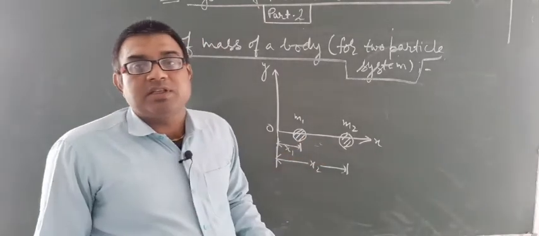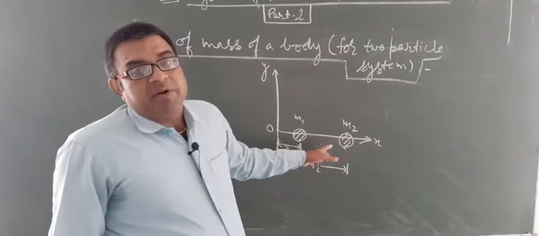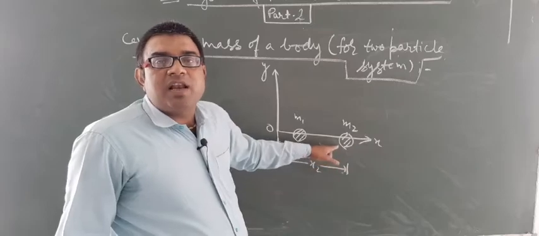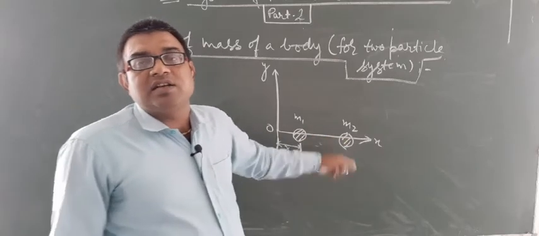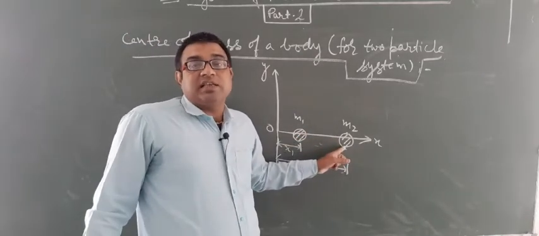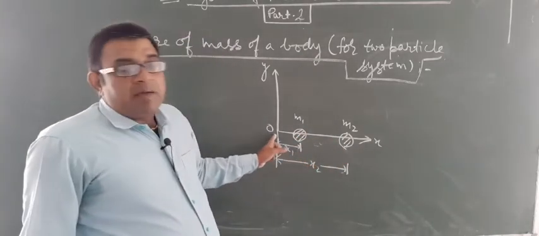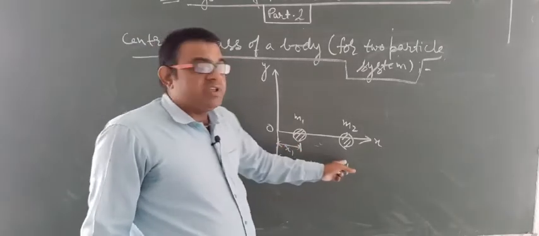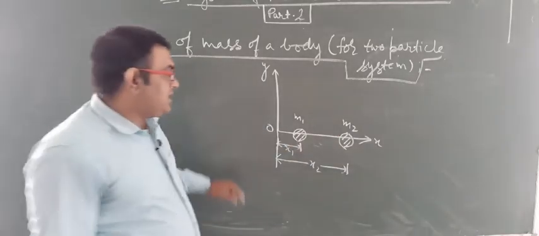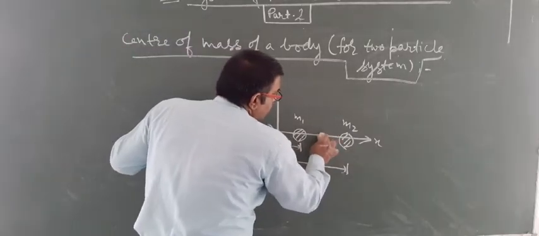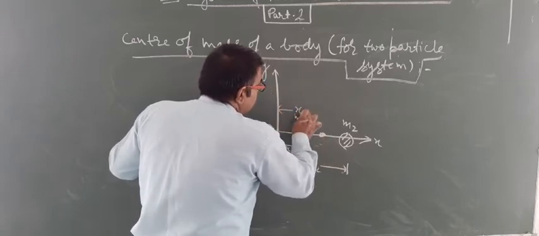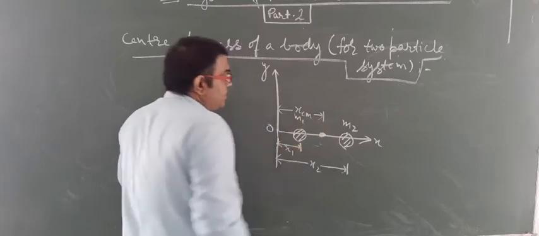If they are equal masses, then the center of mass will lie in the middle of these two masses. If m1 and m2 are two equal masses, then the center of mass will lie at a distance x cm from the origin.